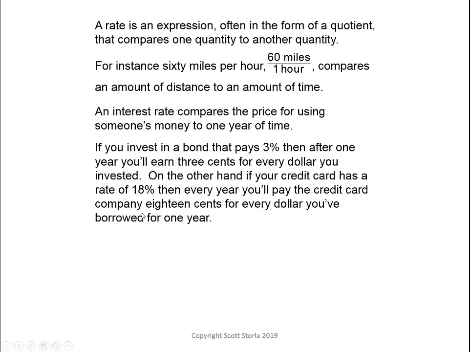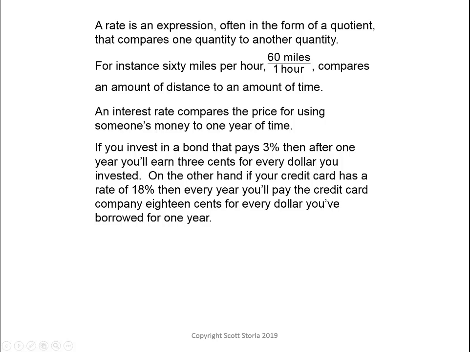Now, most people take the point of view when they see this 18%, for instance, that it's going to be $18 for every $100 borrowed. On the other hand, when we go to actually use the 18%, we're going to rewrite it as a decimal. And at that point, it more takes on the idea that it's how many cents per dollar.